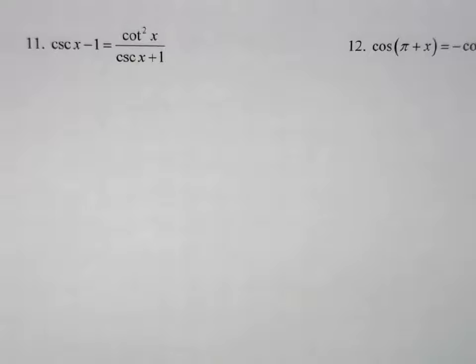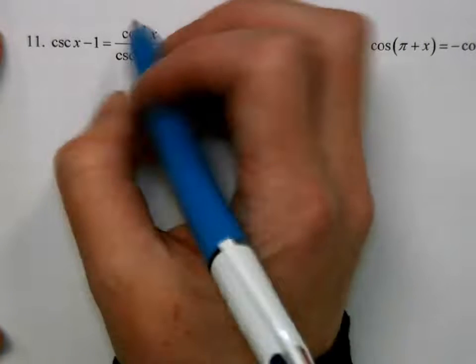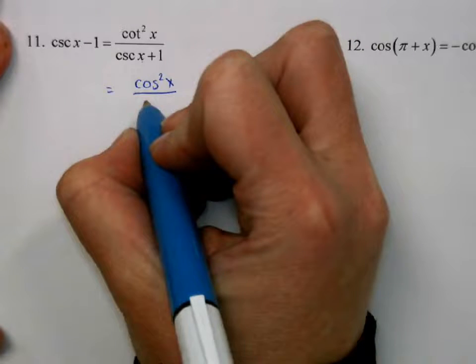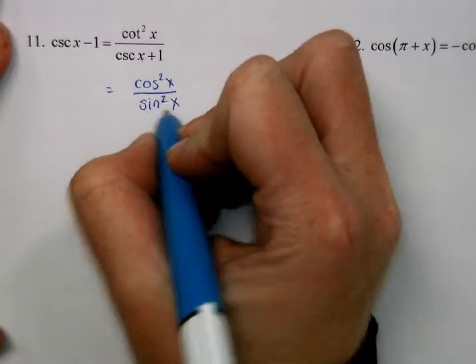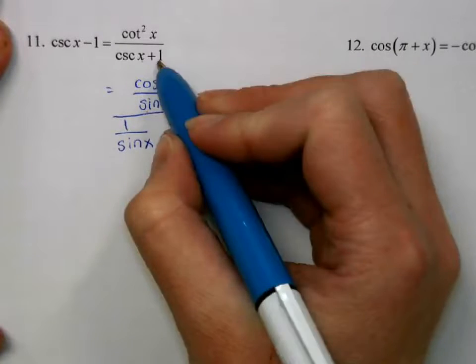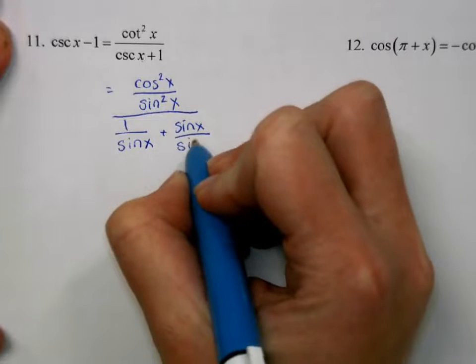So for number 11 here, I'm going to choose to work with this side. I'm going to turn cotangent into cosine squared over sine squared. Cosecant is going to be 1 over sine of x plus 1, but I'm going to go ahead and write that as sine of x over sine of x just to save me some space here.